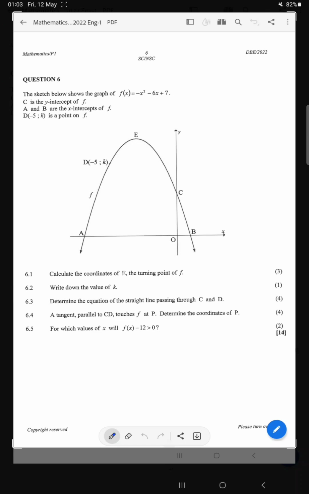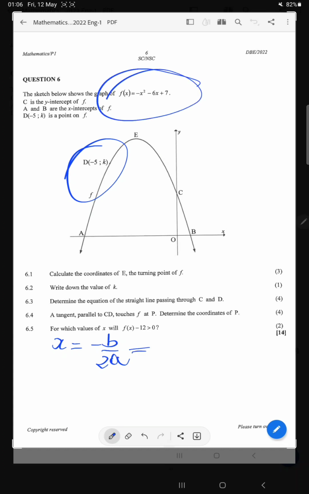So we know that to calculate the turning point, x is equal to minus b over 2a, using the equation of the graph of f. In this case, our b is going to be minus 6, which is the coefficient of x, and our a is going to be minus 1, which is the coefficient of x squared.